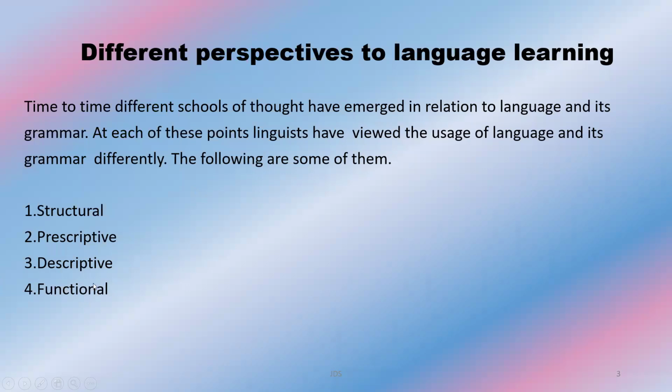Today, it's more of learning the language from a functional point of view. That means learning the grammar of a language, not for anything else, but to perform the basic communicative functions. So that is how language is learned today. When you look at each of these different viewpoints, you will understand the difference between each one of these.